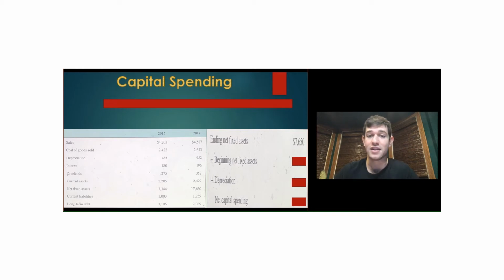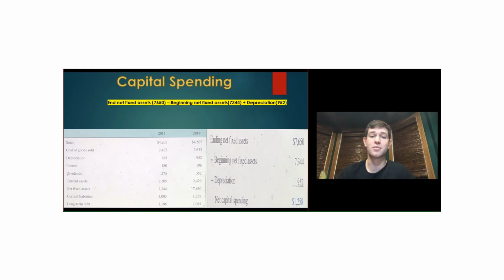That's our end net fixed assets. The beginning net fixed assets would be the year before, which would be 2017, which we see to be 7,344. And the depreciation, which is written in 2018, was 952. So we take the end, we subtract the beginning, we add the depreciation, and we get 1,250. So end minus beginning plus depreciation.